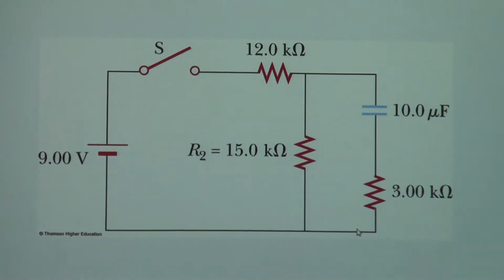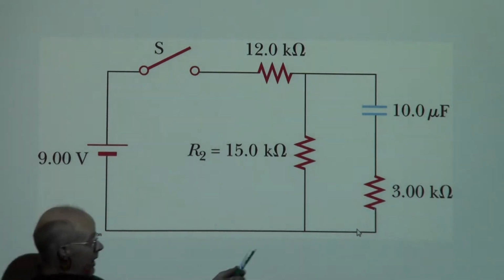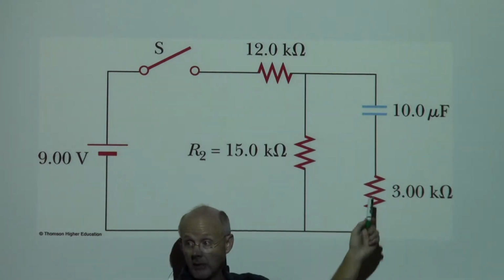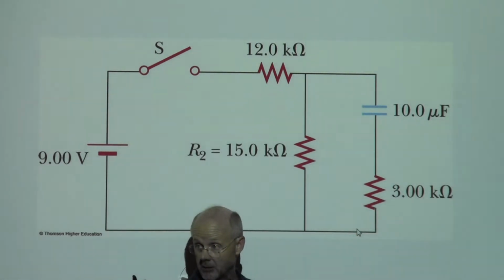Why is the voltage on the capacitor the same as the voltage across the 15K? Would it be divided between the capacitor and the 3K? After a long period of time, there's no current in the 3K ohm. If there's no current, how much voltage change do you have on the 3K? The voltage change on this one is current times resistance.